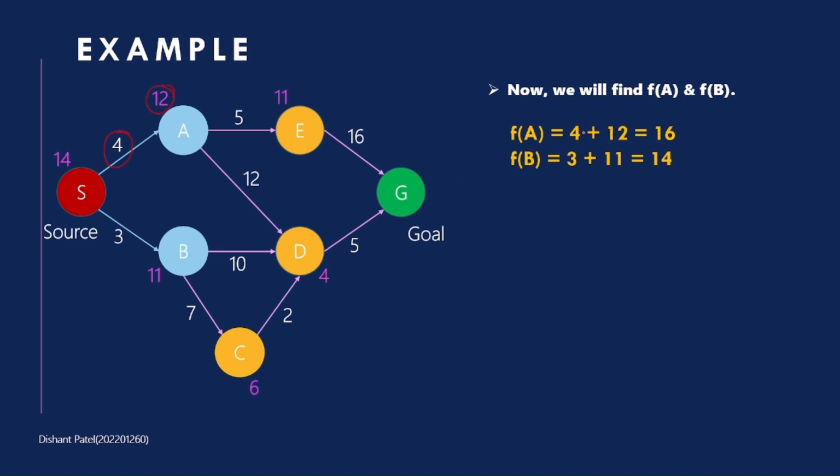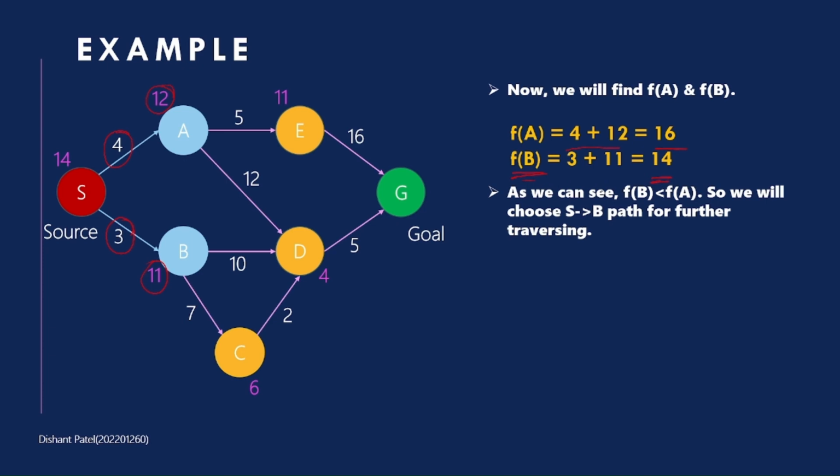So f of A equals 4 plus 12, that is 16. Similarly for f of B, g of B is 3 and the heuristic value of B is 11, so f of B will become 14.